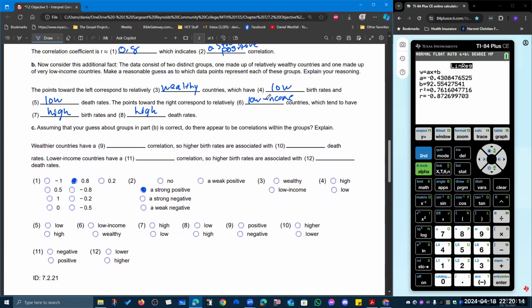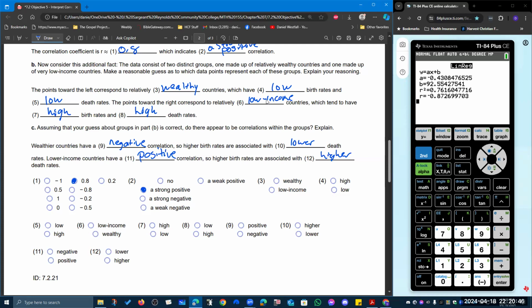So wealthier countries have a negative correlation. So higher birth rates are associated with lower death rates. Lower income countries have a positive correlation. So higher birth rates are associated with higher death rates.